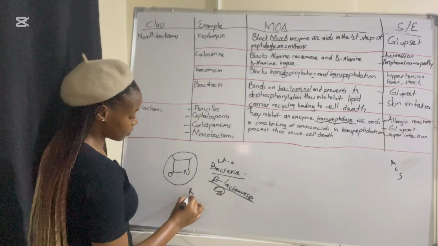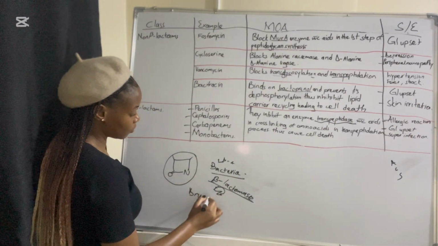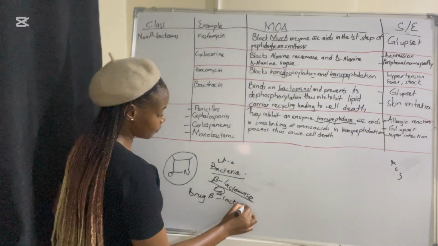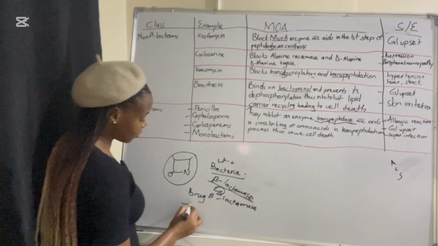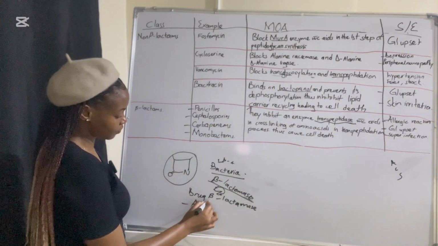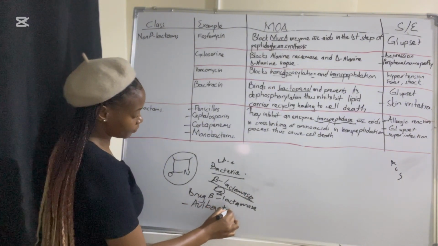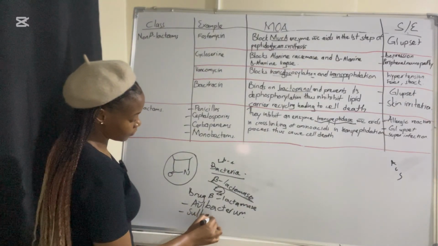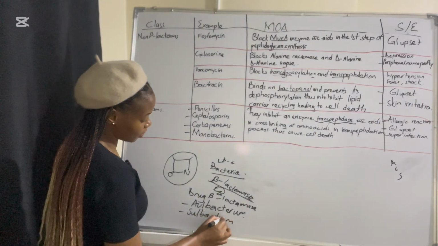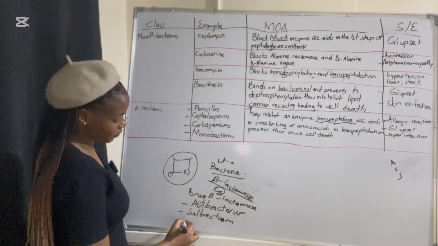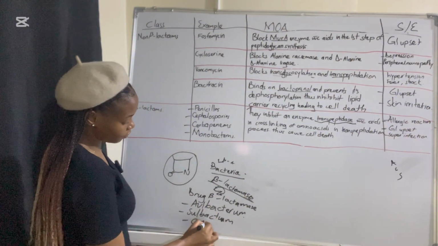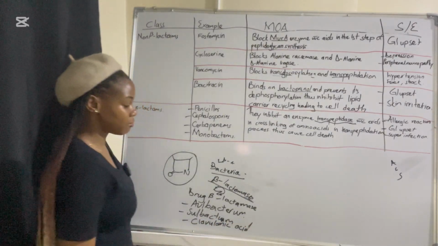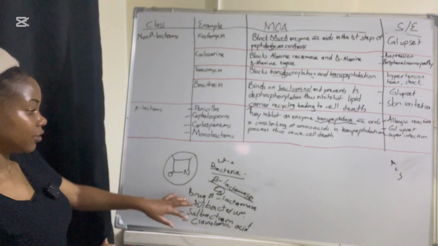Some of those drugs, called the beta lactamase inhibitors, include avibactam, sulbactam, then clavulanic acid, and many other drugs that I've not mentioned.